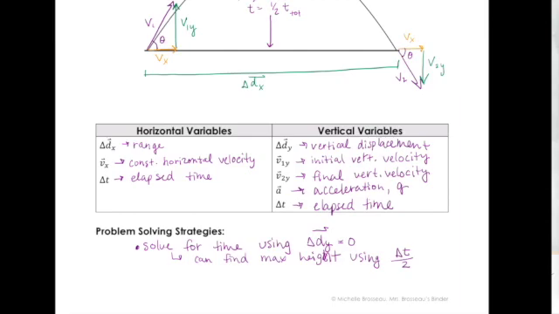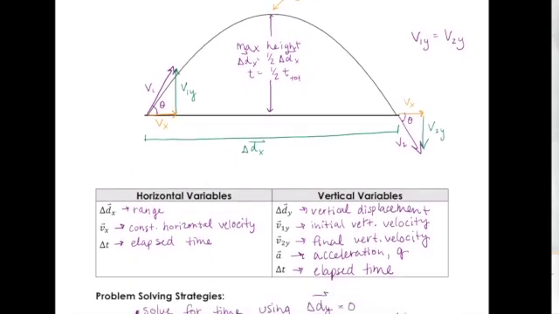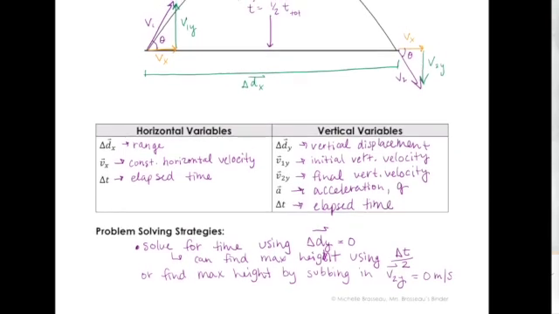Or you can find max height by subbing in that your final velocity in the vertical aspect is 0 meters per second, because remember at the peak of the parabola your Vy is going to be 0, which is at the max height.